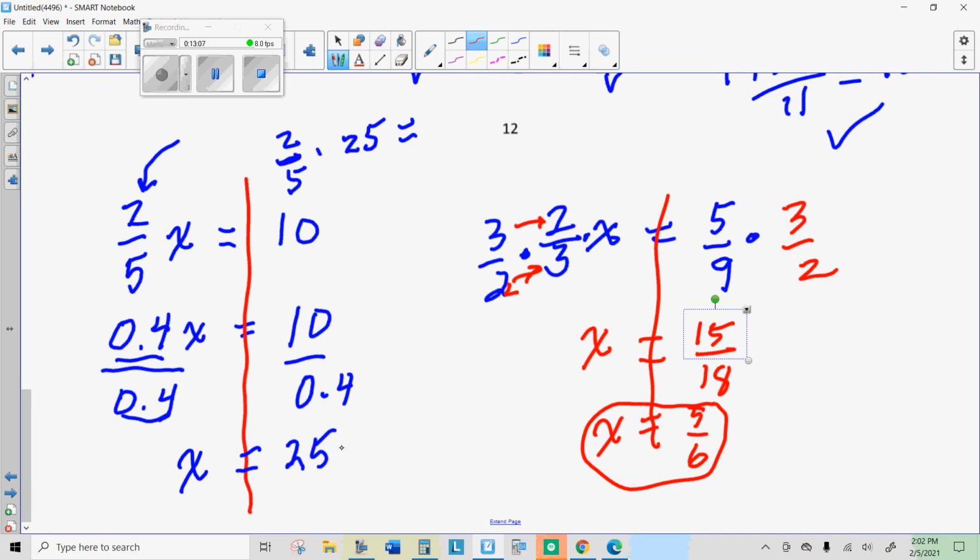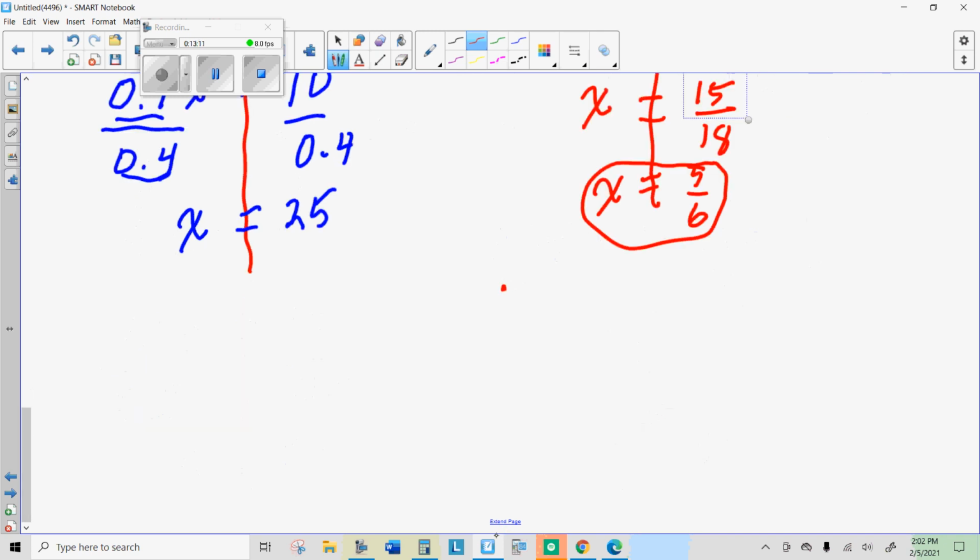One last thing before I let you go here and get you started is when you have negatives, so like let's say I have negative 1.5x equals 10. Okay, now to solve this, I'm going to want to divide by, you guys are thinking 1.5, but you want to divide by negative 1.5 to get rid of that, because you want this to be positive x, not negative x.